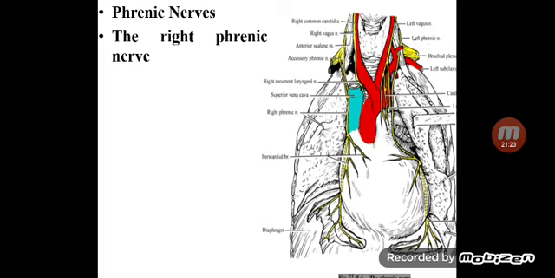What about the left phrenic nerve? It descends in the thorax along the left side of the left subclavian artery.